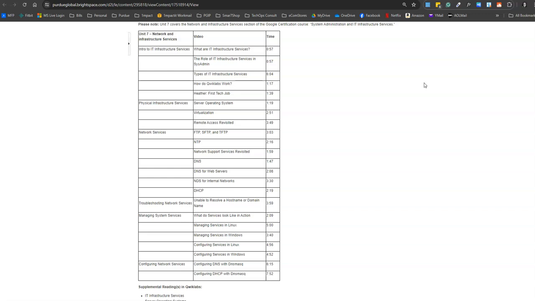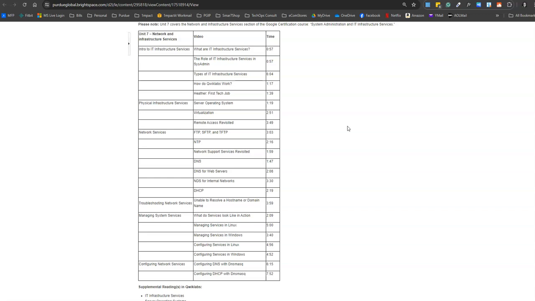And you have network services. Those are pretty familiar when you're into the internet and websites. FTP, secure FTP, file transfer protocol, of course, and your TFTP. Then you have NTP, network support services revisited, DNS for web services, DNS for internal networks, DHCP, troubleshooting network services, unable to resolve a host name or domain name.